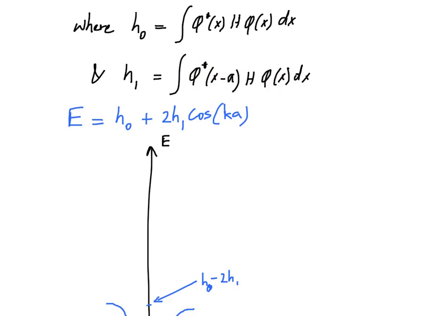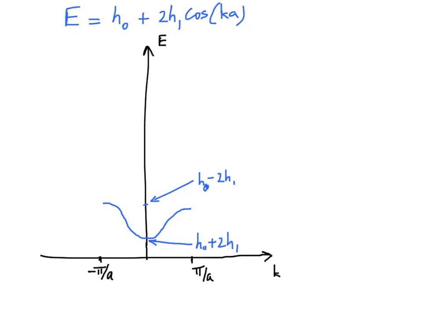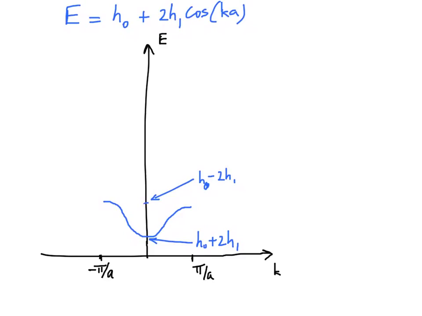So we are encountering an expression that we have seen before, and that is dispersion. Dispersion is essentially the variation of the energy with respect to K. So if A goes to infinity, there is going to be no dispersion, meaning it is going to have a flat line at E equals H naught. That's going to be very close, or in fact equal to the atomic 1s energy level.